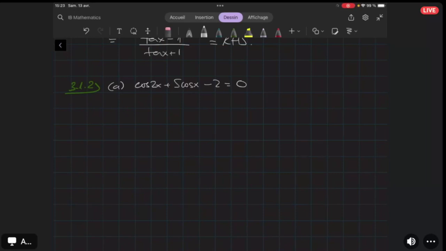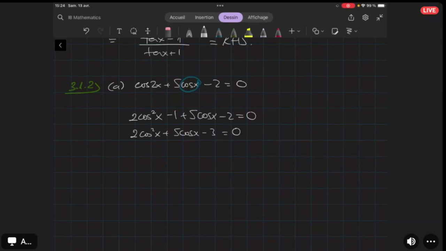Yes, we could do that. Why is that the case? Because that would give us the quadratic in terms of cos. That's why we're going to use 2 cos squared of x minus 1 instead of using 1 minus 2 sine squared. This is something you must know, period.